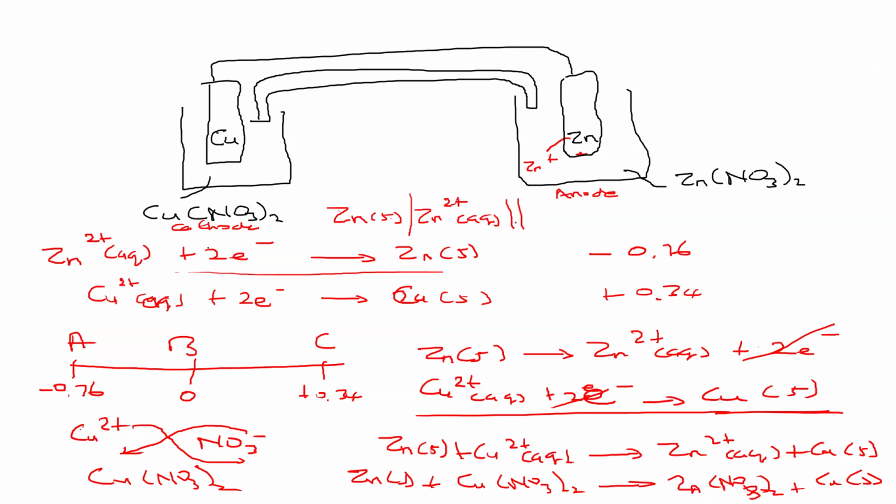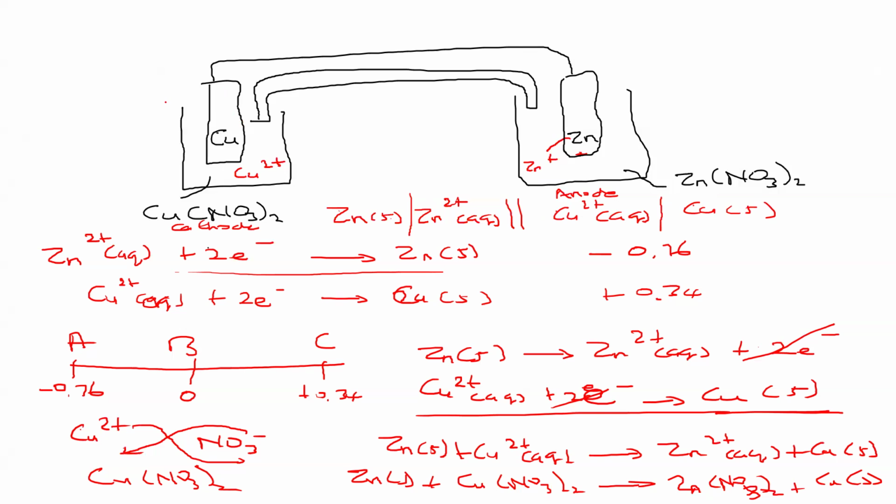Then we have the salt bridge. On the other side, we already have Cu 2+ in solution. The Cu 2+ gets 2 electrons and converts into copper solid. So this is the cell notation. Basically, that is that.